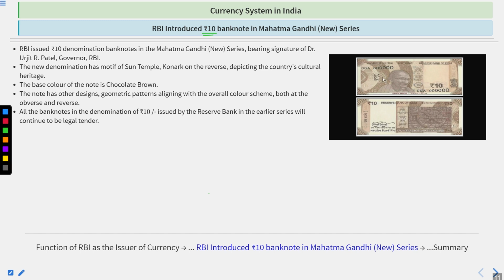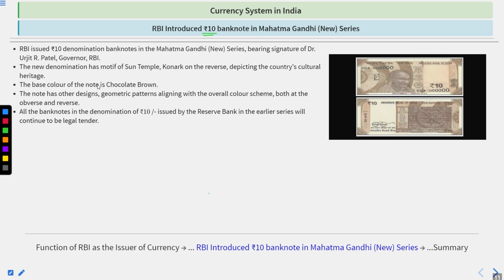Nowadays you can see these 10 rupee notes circulating in the country. These are the Mahatma Gandhi new series 10 rupees banknotes. The new denomination has a motif of the Sun Temple Konark on the reverse. Here you can see it. It depicts the country's cultural heritage.